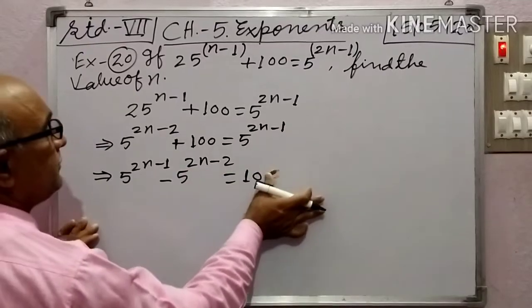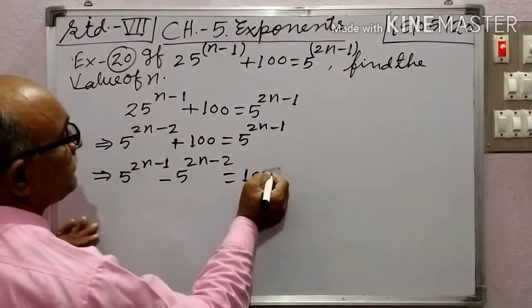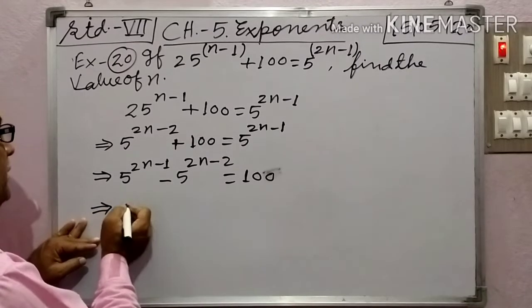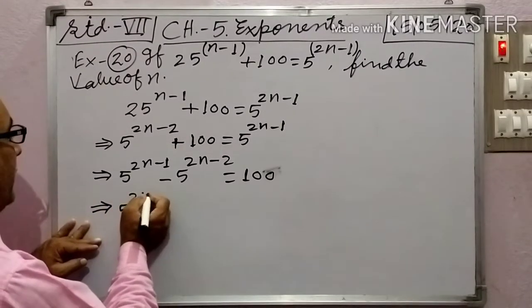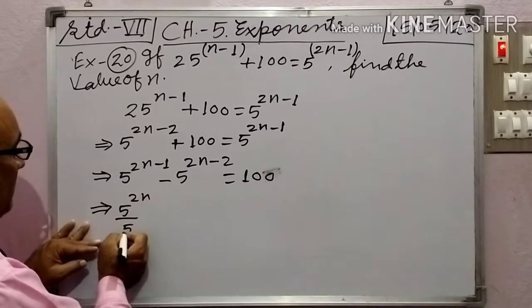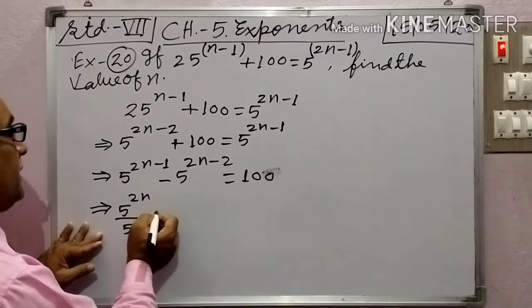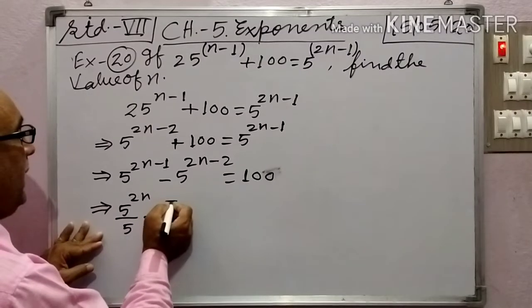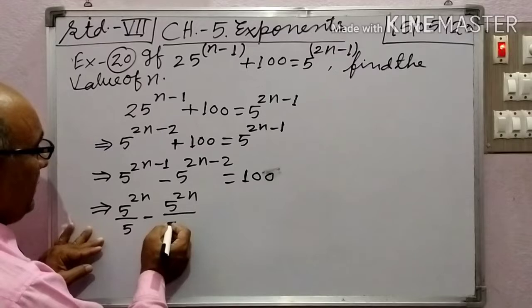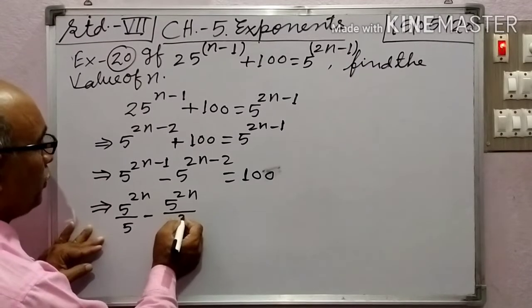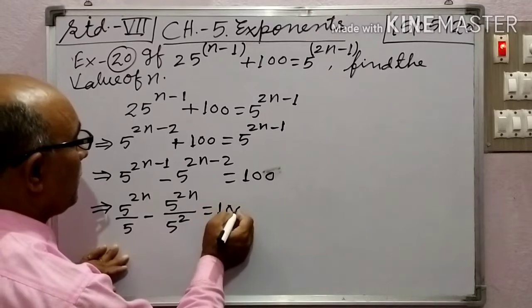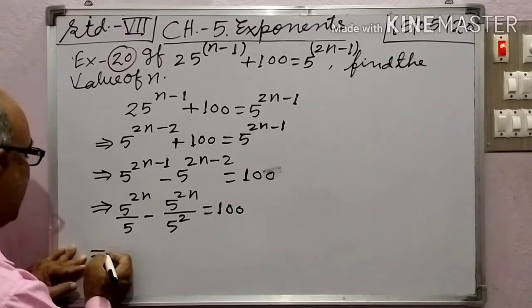Next step, 5 to the power 2n minus 1 means 5 to the power 2n divided by 5, minus 5 to the power 2n divided by 5 to the power 2, equals 100.